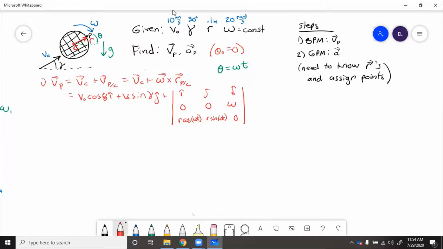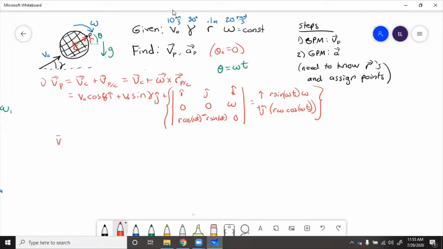So the J is actually going to be negative because it's spinning counterclockwise. So this part will have I hat times R omega sine omega t, and then minus J hat times R omega cosine omega t, and that becomes positive.